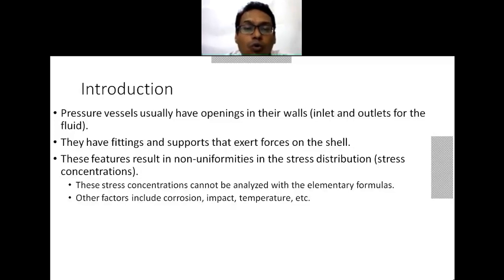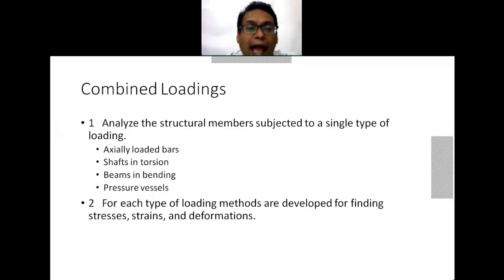They're all going to have a combined effect, and that is why we have to analyze the different loads. So we analyze structural members subjected to a single type of loading, that is axially loaded bars, shafts in torsion, beams in bending, then different pressure vessels.